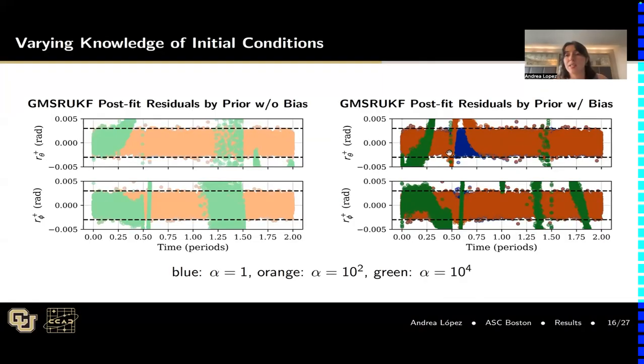In the bias case, there's a bit of a divergence around the first pass through the perilune, but then it converges again, and it's consistent with the distribution we would expect from the post-fit measurement residuals after they have extracted all of the information.